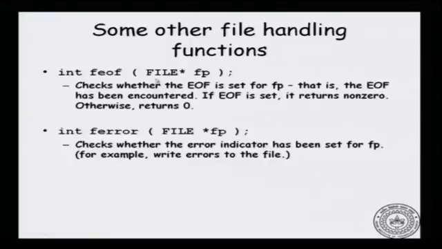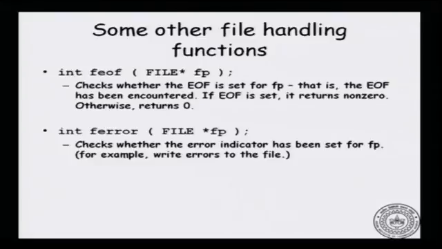If feof is not set, that is you have not reached the end of file yet, then feof returns 0. So, in order to check whether a file still has some data, you can just say not of feof FP. That will check for the fact that the file still has some data.